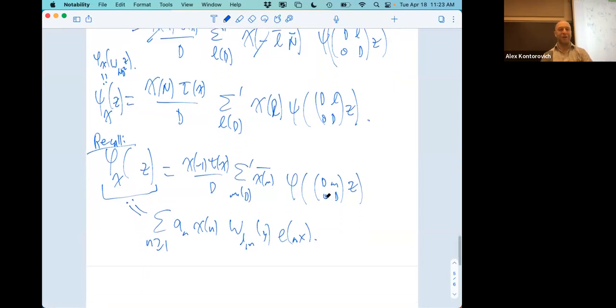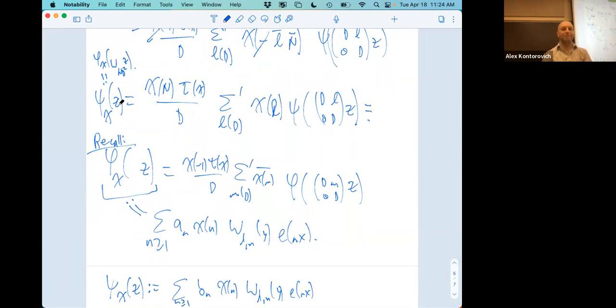So if I abuse notation, and write psi chi of Z also as a sum of B of N, chi of N, W lambda N Y e of NX, so that there's coefficients B, then what is this?